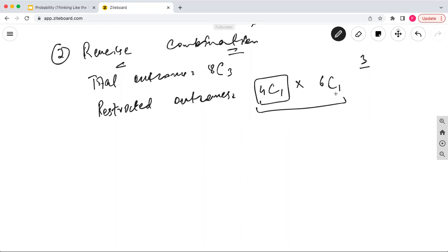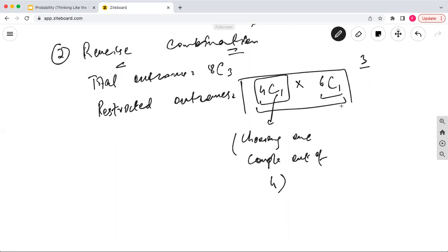What I'm exactly doing here is at first choosing one couple out of 4, right? So I've chosen one couple. Now there is only one person remaining, so I have 6 options to choose that person. So this is straightforward, the restricted case.